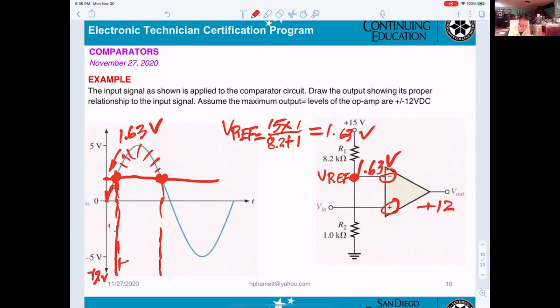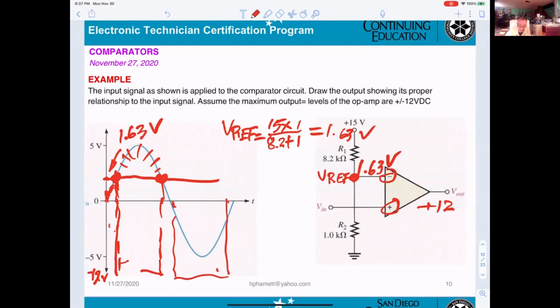So that is the negative here, minus 12 here, and it will go this way. And basically, it will be negative here, and then it goes this way.